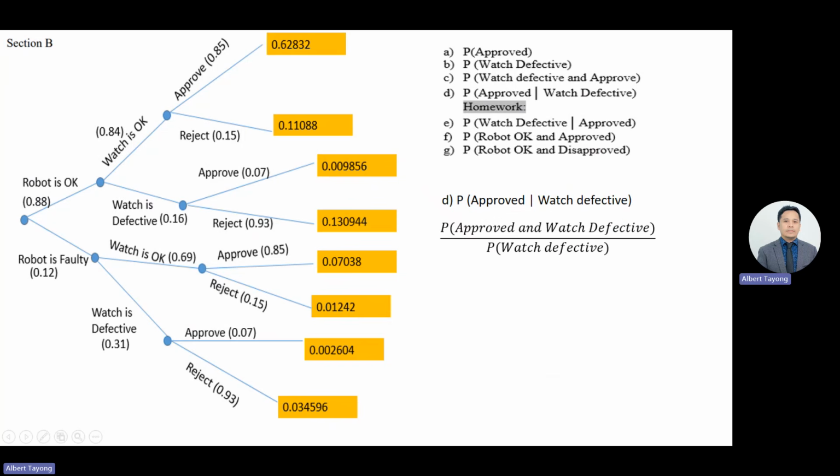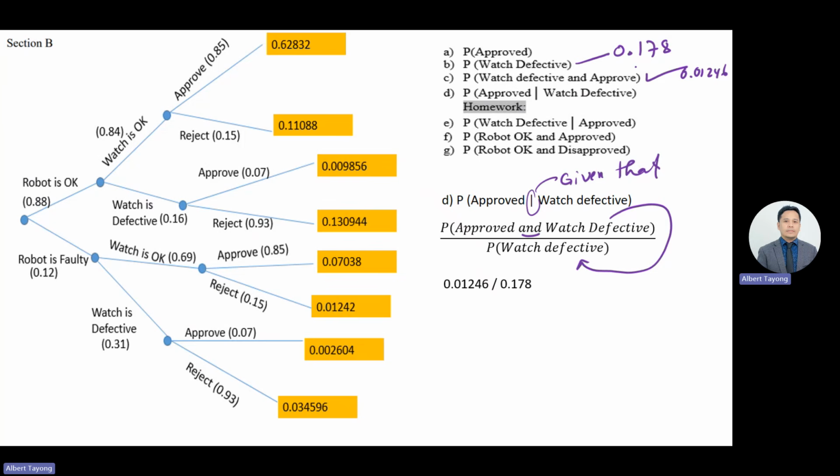So we change this line: given that will become intersection, or and. And the second one, watch defective, will come down. We already have the values: P approved and watch defective is here, C. The answer here was 0.01246, and for watch defective, the answer here was 0.178.